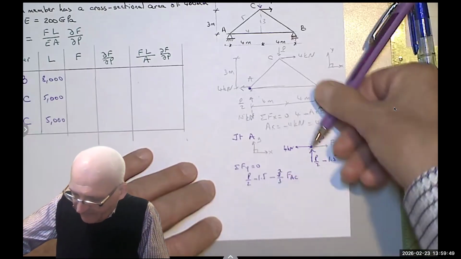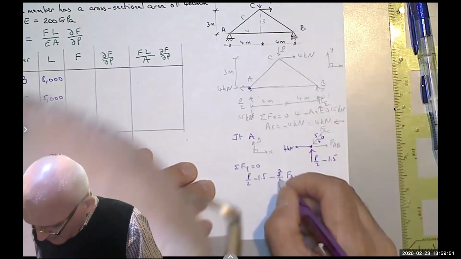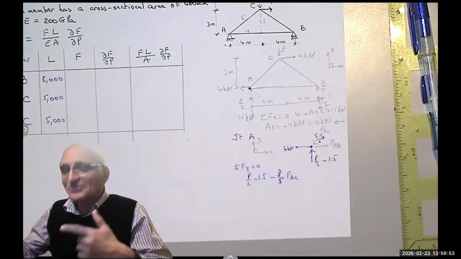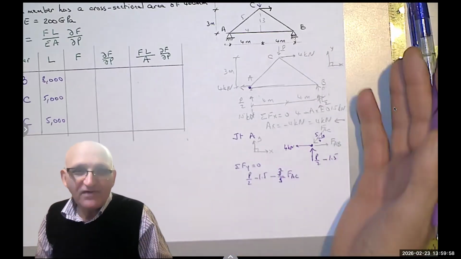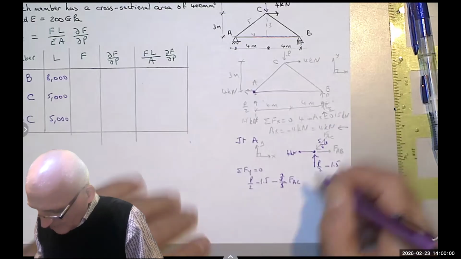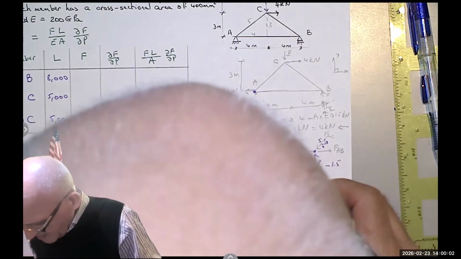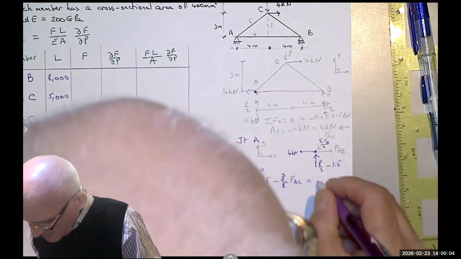This is the 5, but I want the vertical component. I was trying to tell you that I could have just taken this force and multiplied by 5/3 to get FAC. Anyway, equals 0.